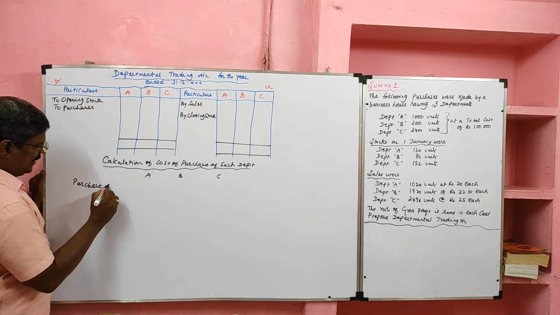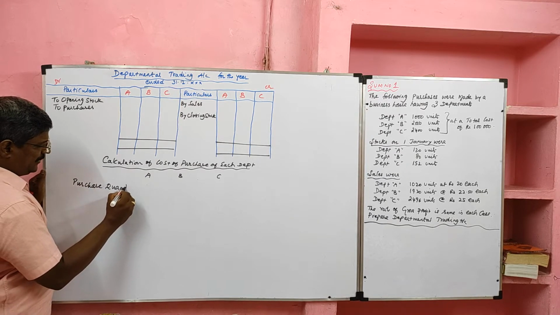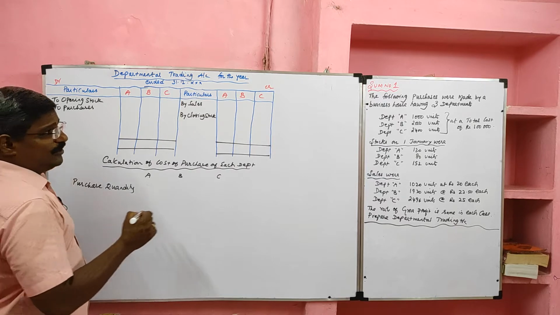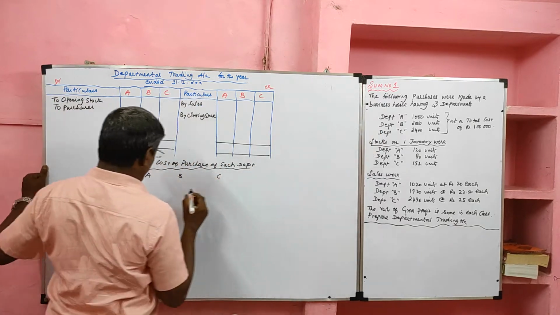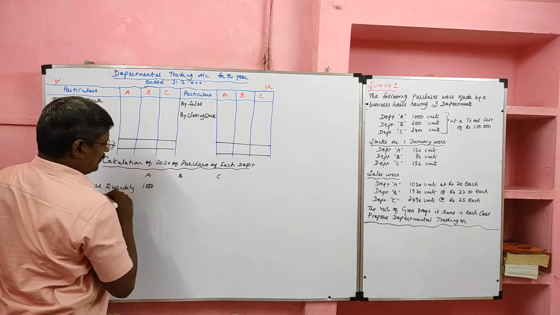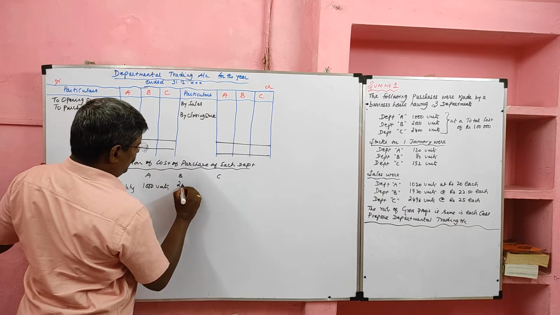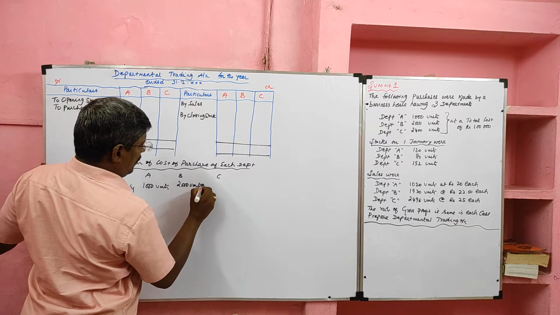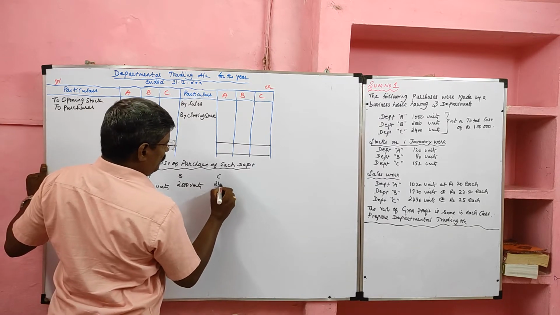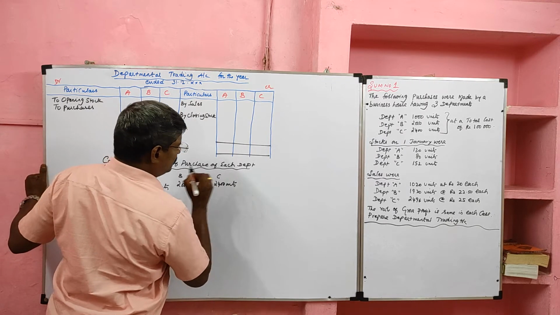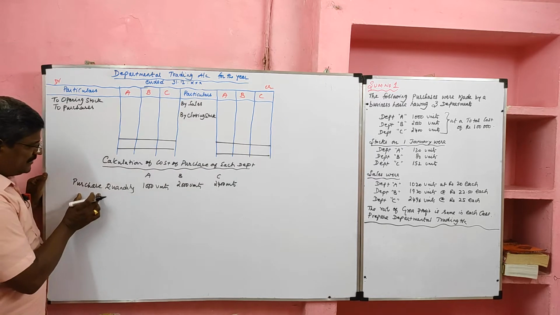Purchase quantity of Department A 1000 units. Department B 2000 units. Department C 2400 units.